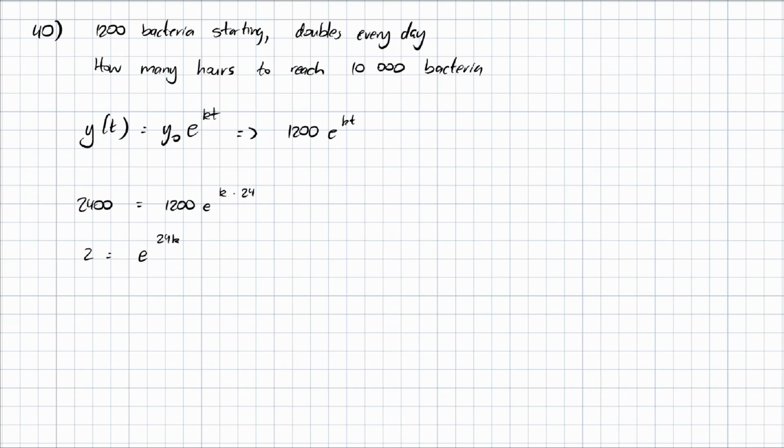All right, now it's the fun part. You have to do some natural log, right? ln 2 equals ln e^(24k) equals 24k, which means k equals 1 over 24 natural log 2.